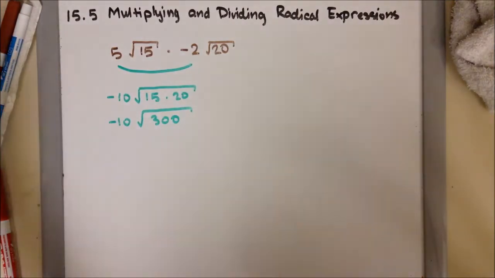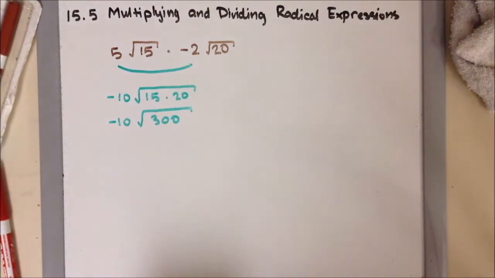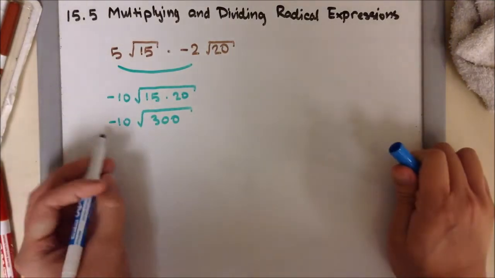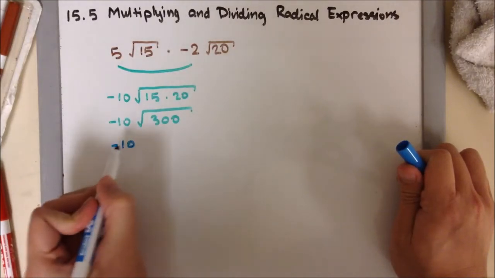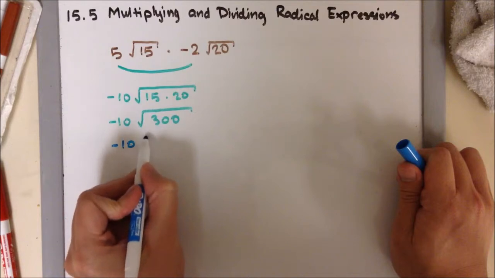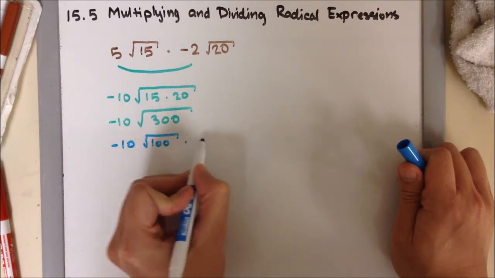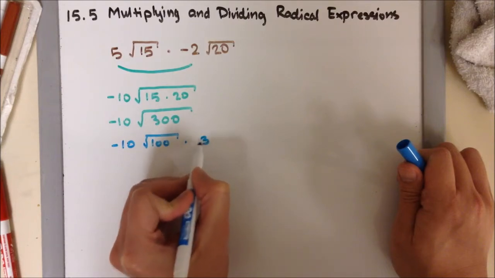So after that, you're going to check if you can simplify or do the square root of 300. So here, I can simplify 300. So I'm still going to have the negative 10 outside. And then when I break down 300, I'm going to have square root of 100 times square root of 3.